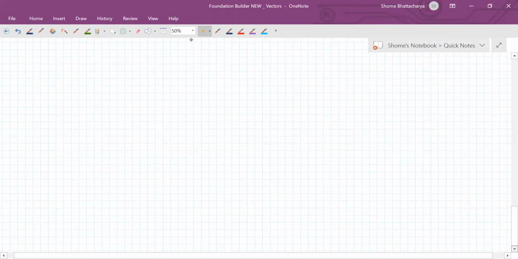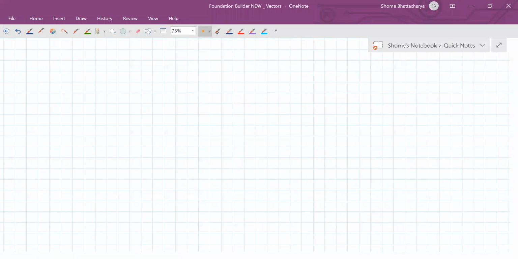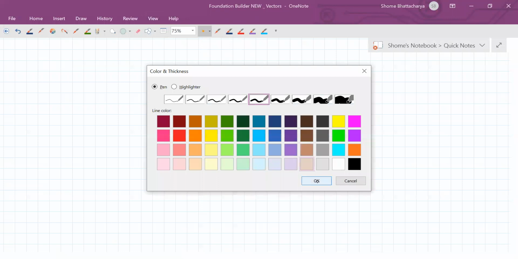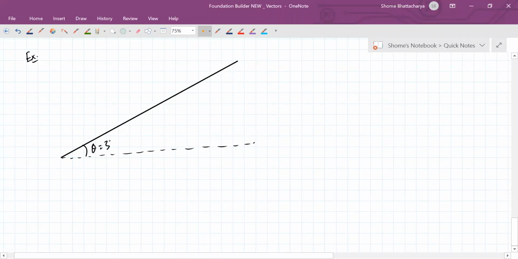So let us understand this with an example. In this example, what we have is an inclined plane such that this angle is 37 degrees to the horizontal.